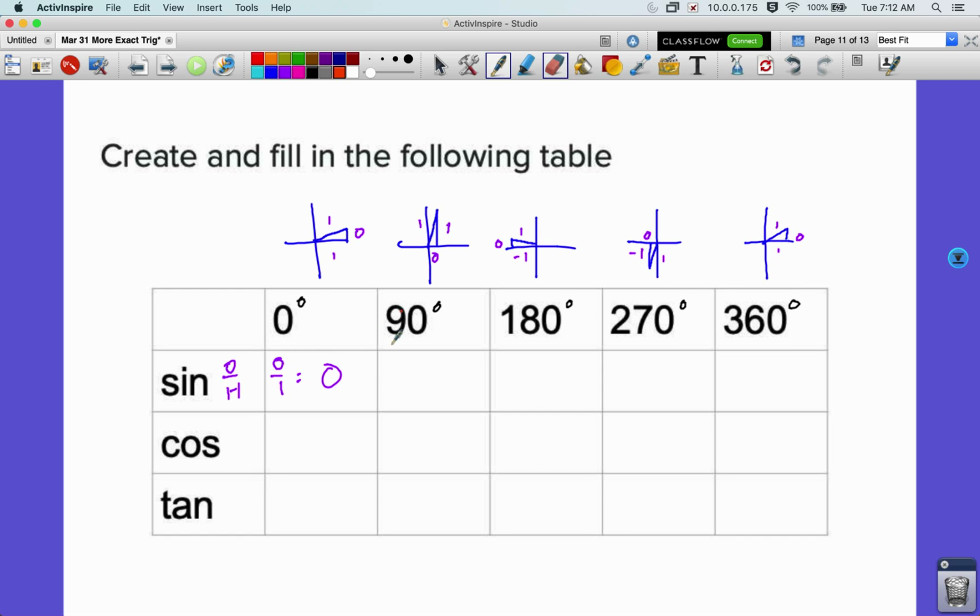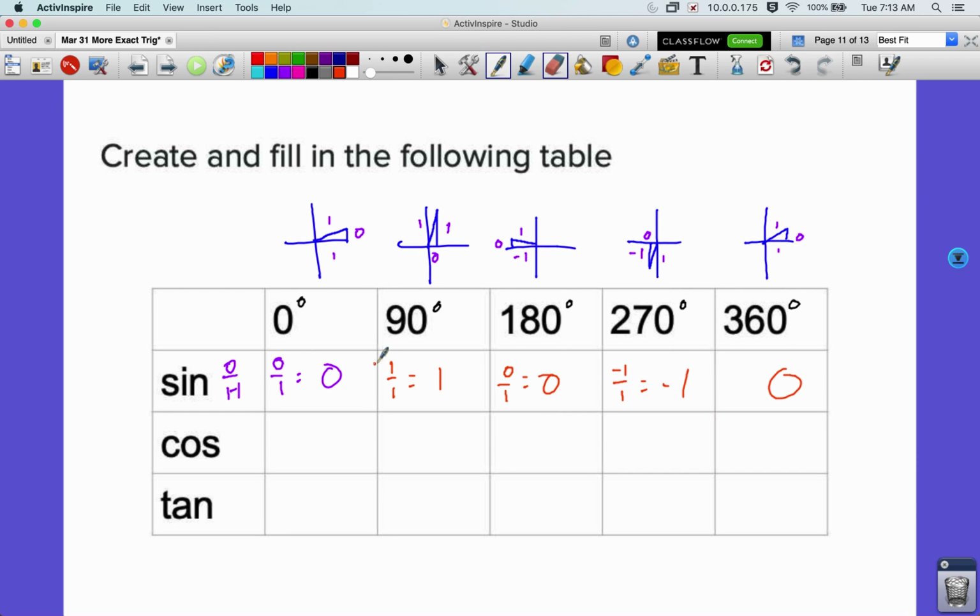Opposite is 1, hypotenuse is 1, so 1 over 1 equals 1. Opposite is 0, hypotenuse is 1, so 0 over 1 equals 0. Opposite is -1, hypotenuse is 1, so -1 over 1 equals -1, and then we're back to a matching one here, so we're back to 0.